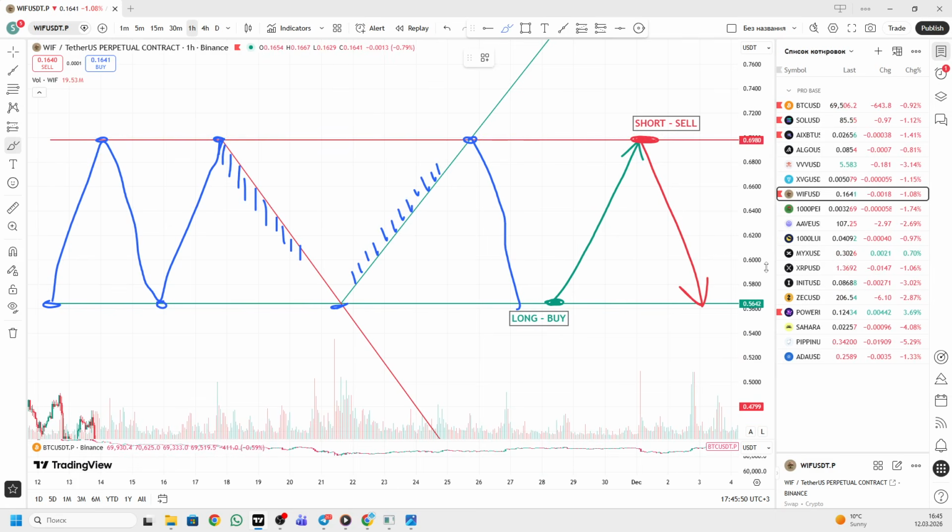For example, you bought at, and here you see the price 6,000, let's say. So you bought it here, you sell it here. So you bought cheaper, you sell it expensive, you sell higher.